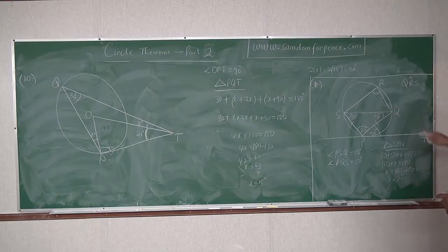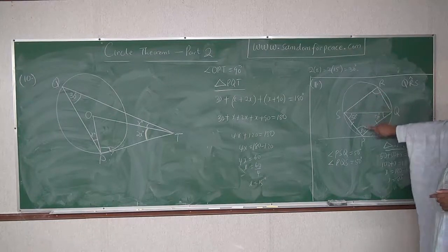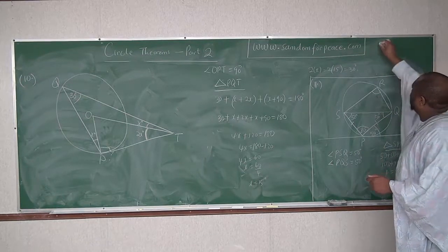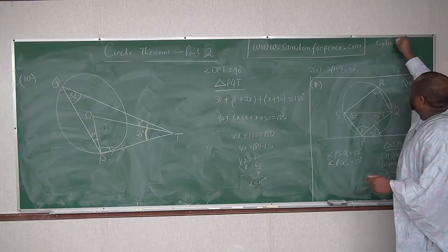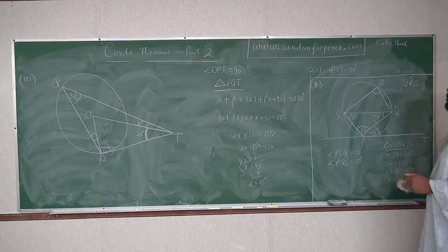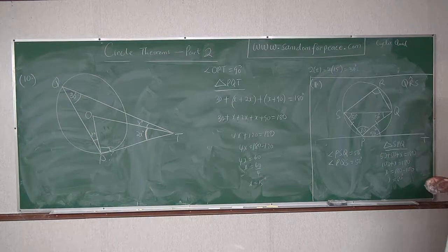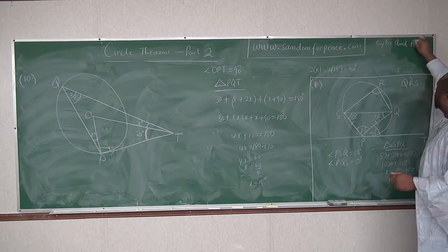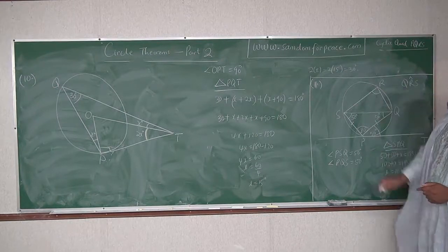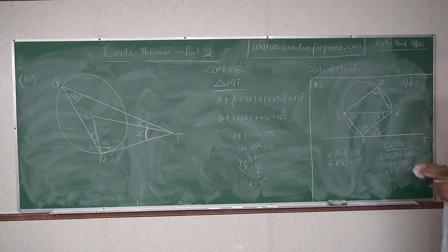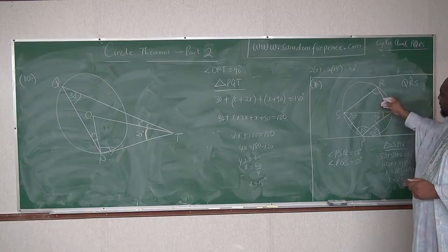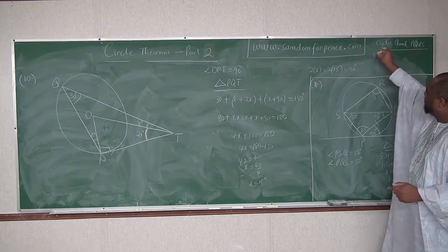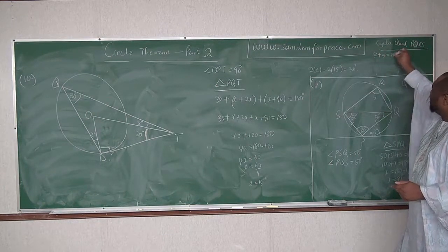Now to find this angle, you consider cyclic quadrilateral PQRS. If I call this y, 80 plus y is equal to 180 degrees.